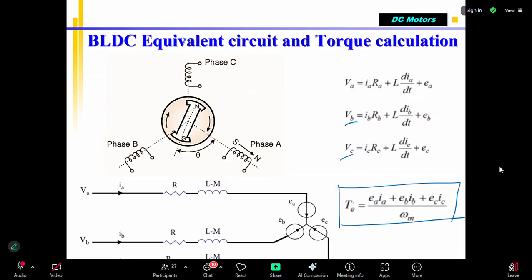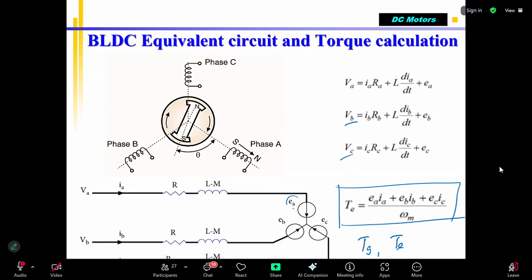TE is the torque generated by the electrical circuit, the whole thing is electrical. Some books put T generated, some books put T electrical, generated due to electricity applied to the coil, and the interaction created between the rotor magnet and the stator magnet, and that can be calculated using this.